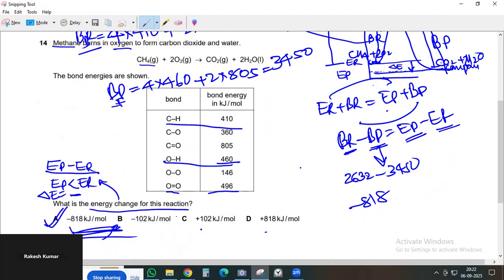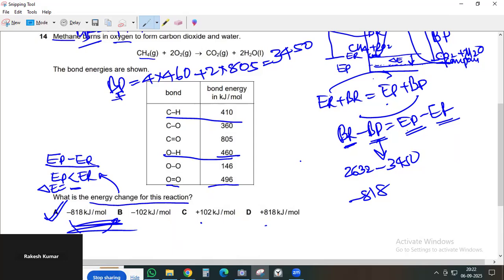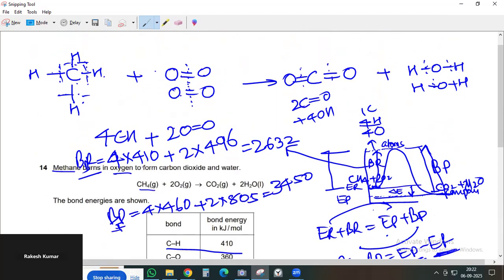So you see, it's like this. Many things you will already know beforehand. So what are the tricks here? You should see the pattern: EP minus ER, bond of reactant minus bond of products. Then to see the bonds, make this equation in structured form.